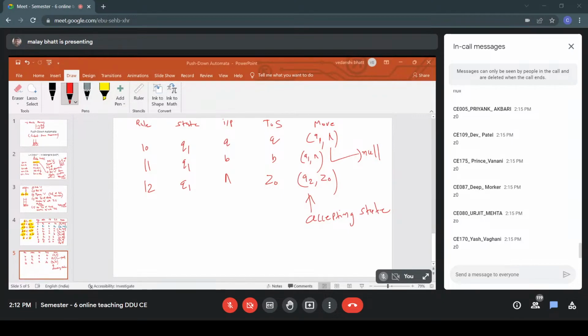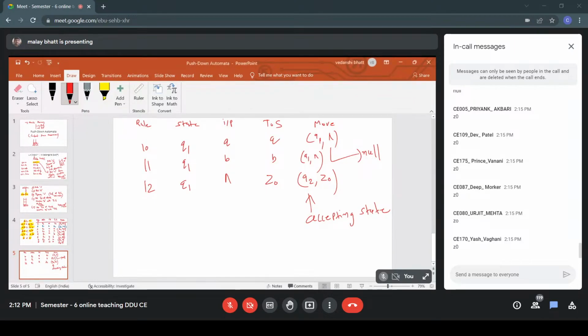In case of finite automata, it is only the accepting state. But in case of pushdown automata, we have two main criteria: we have to consume the whole input, and the state must be an accepting state.